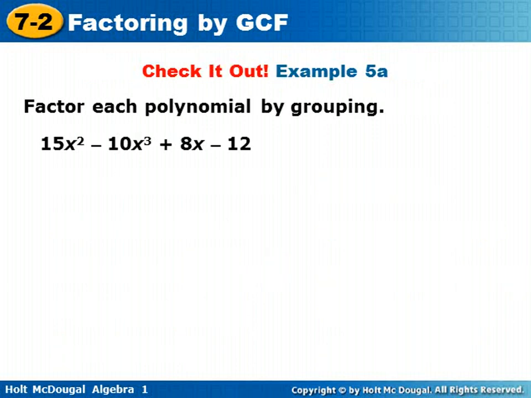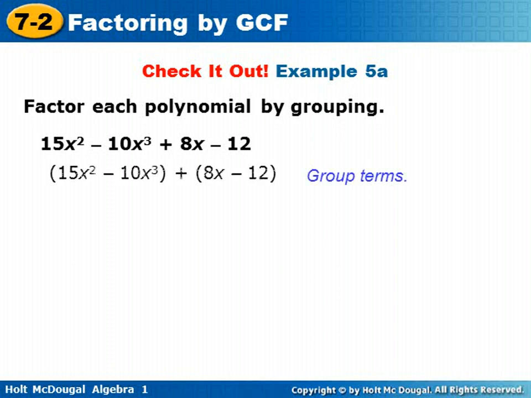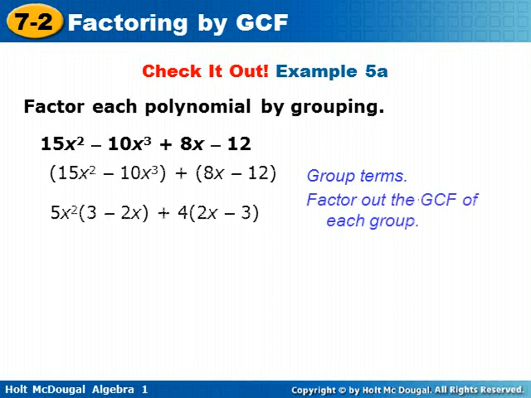Here's an example for you to try, so you can pause the video and then come back and check your answer. So you group the terms and pull out the greatest common factor. For the first group it would be 5x squared, and the second group would be 4.